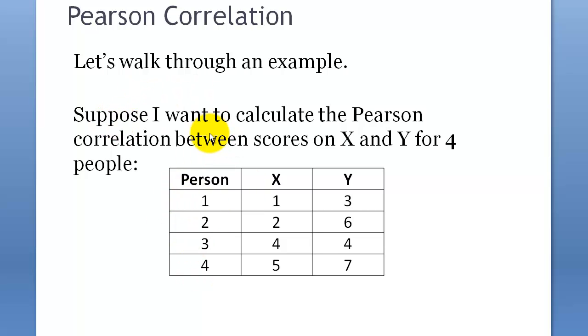So suppose I want to calculate the Pearson correlation between scores on x and y for four people. x could be math and y English or something like that in real life, and persons 1, 2, 3, 4 can be student IDs or something.